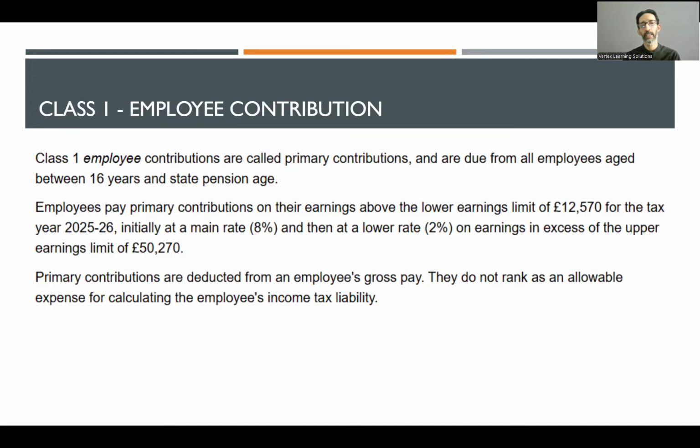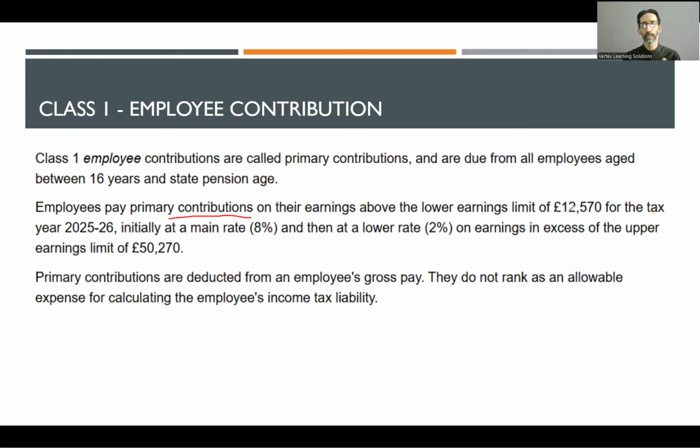This is also referred to as primary contribution, and it is due from all employees aged between 16 years and the state pension age, when the person retires and reaches pension age. The employees pay this primary contribution on their earnings above the lower earnings limit.